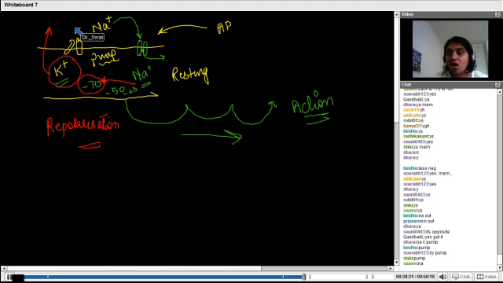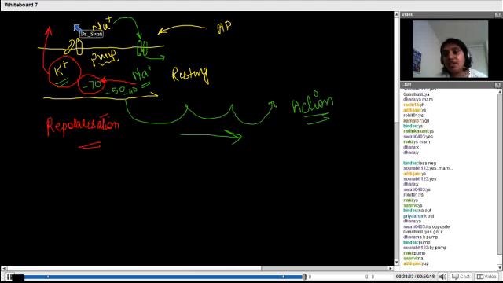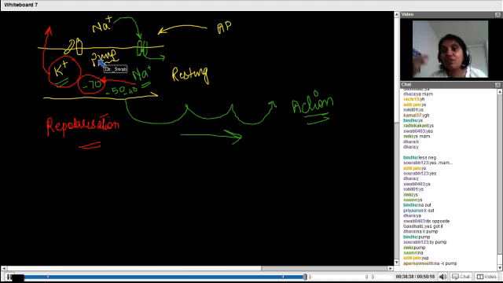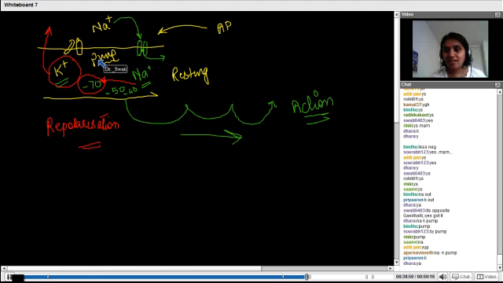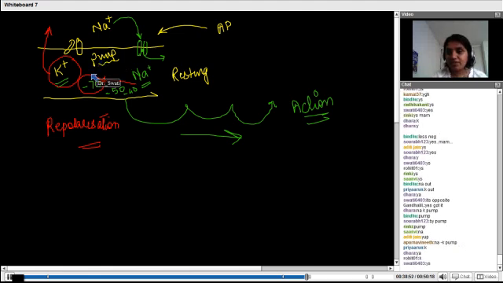Because if we don't restore it, this nerve will not be excitable the next time. For it to be excitable the next time, we need the sodium to be outside, isn't it? How will the depolarization happen otherwise, next time? Okay, so clear with the things?